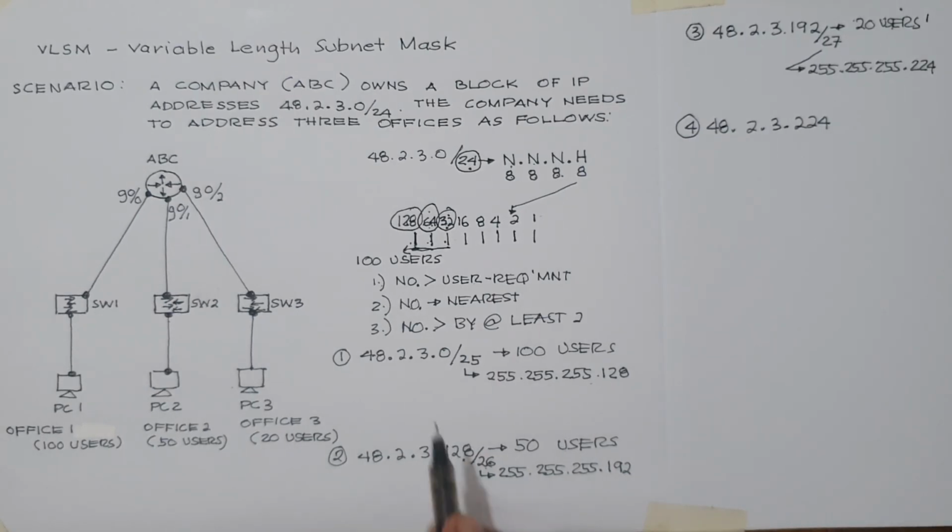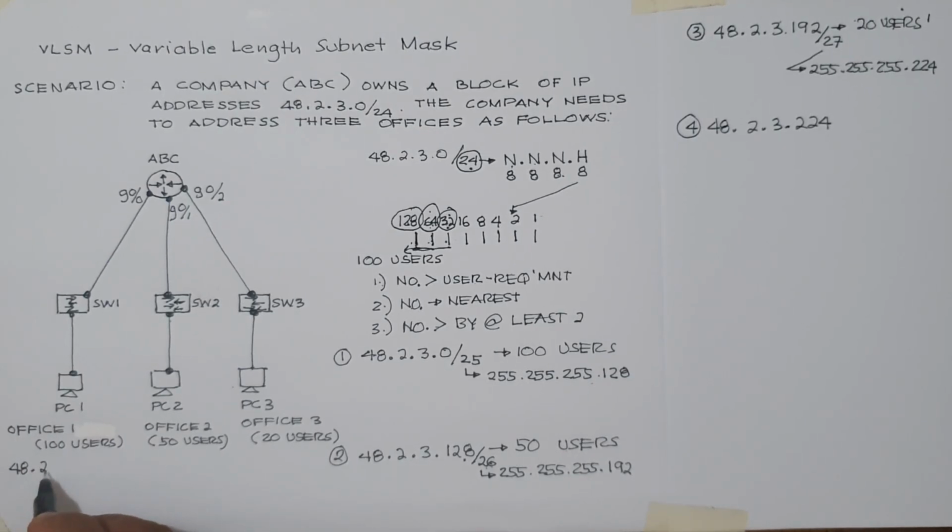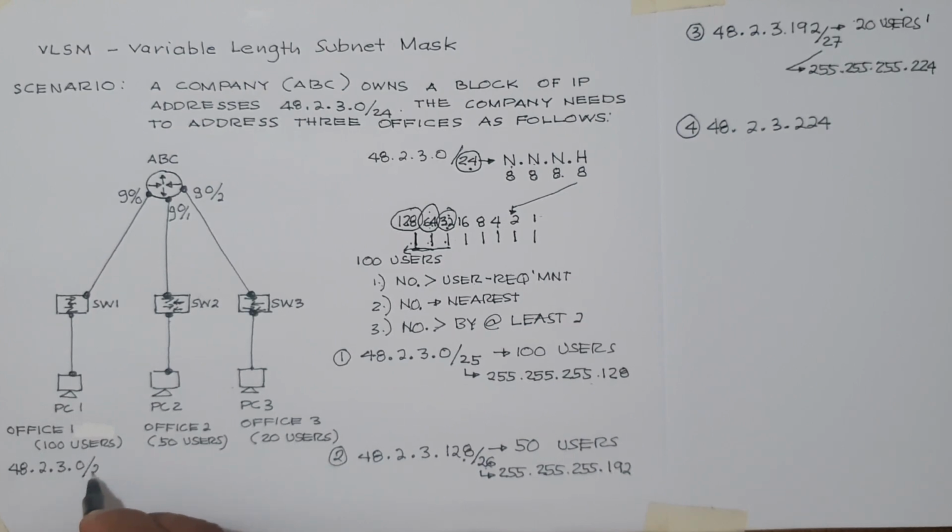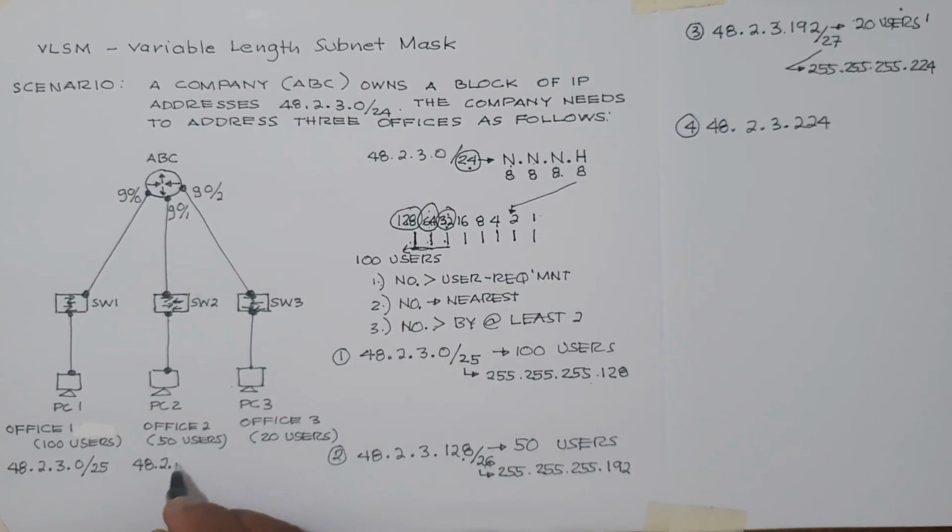Okay, so this we will use for the first office: 48.2.3.0/25. For the second office, we use 48.2.3.128/26.